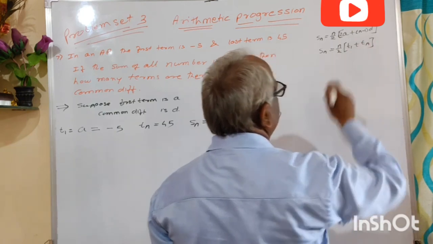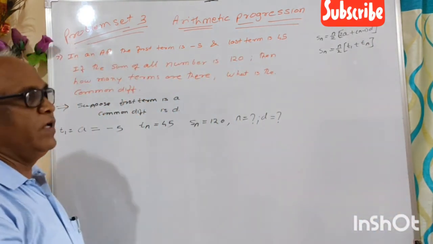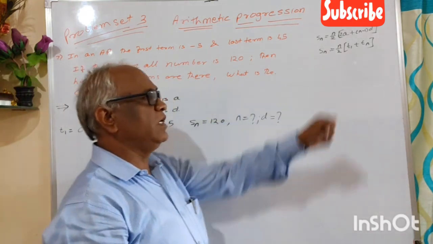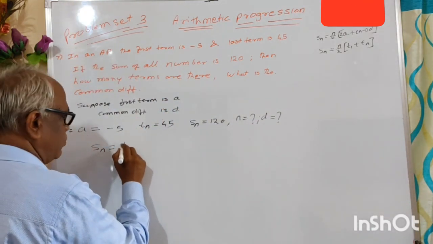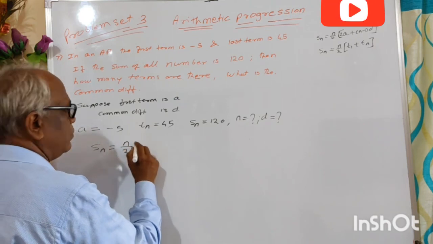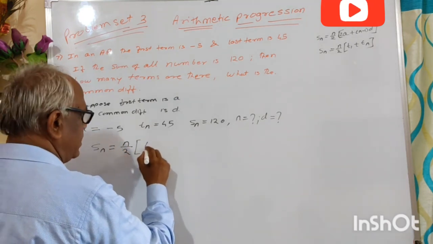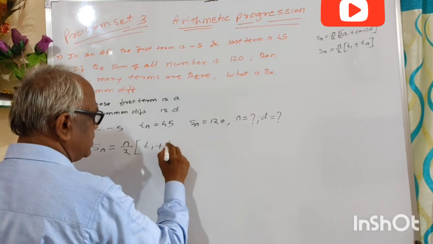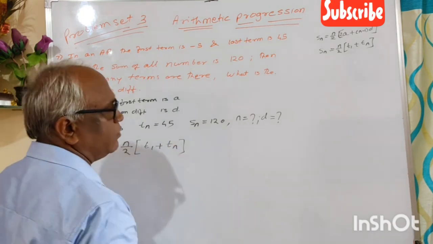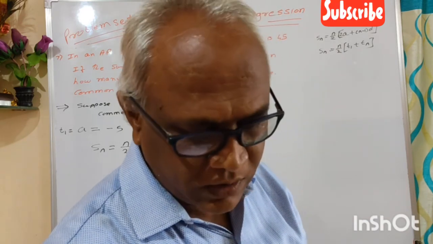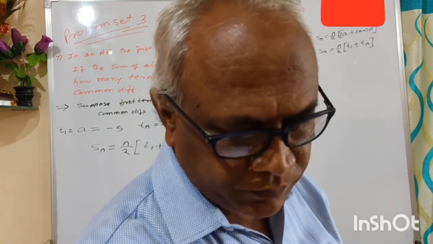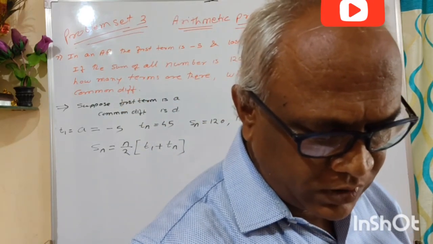When the first term and the last term are given, we are going to use this formula, Sn is equal to n upon 2 in bracket T1 plus Tn. T1 plus Tn or T1 minus Tn, I think we are going to see that.